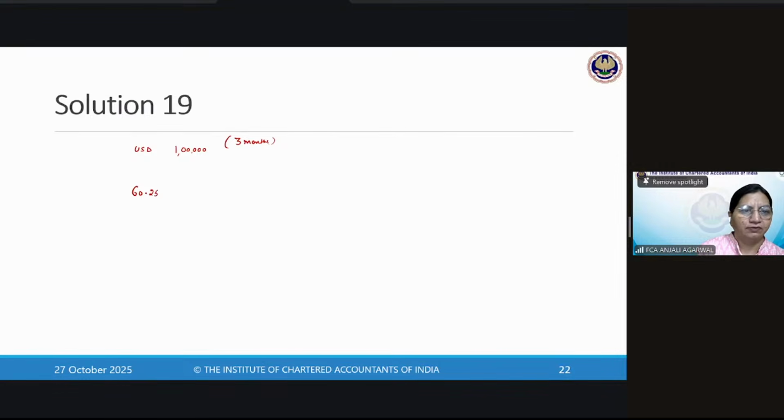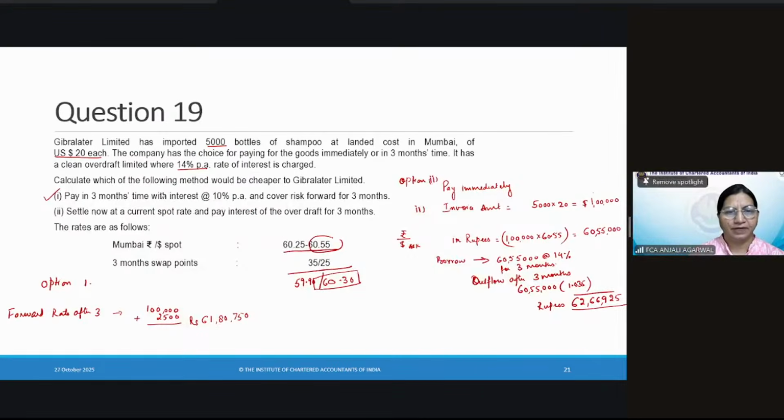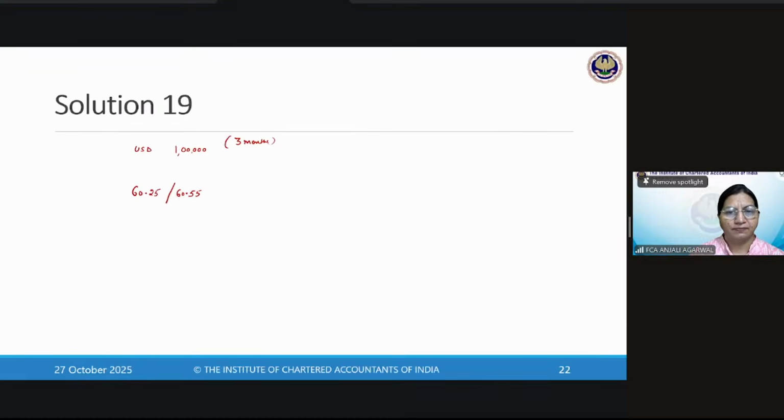60.25 and 60.55. These are the spot rates, right? Mumbai spot rates. And swap points are 35/25. Now, this is the ask rate and this is the bid rate.